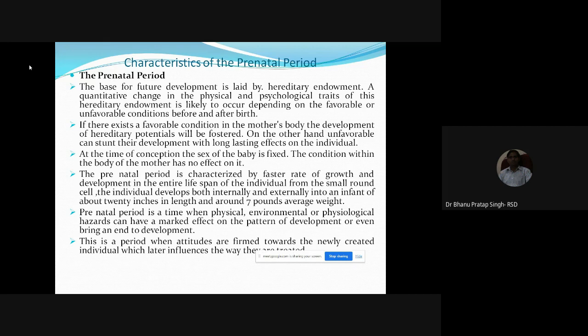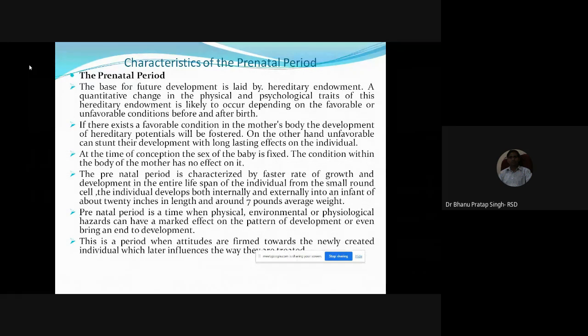The individual develops both internally and externally into an infant of about 20 inches in length and 7 pounds average weight. The prenatal period is a time when physical, environmental, and psychological hazards can have a marked effect on the pattern of development.